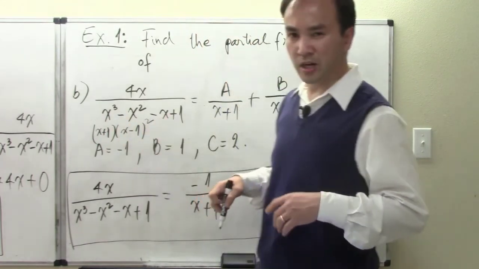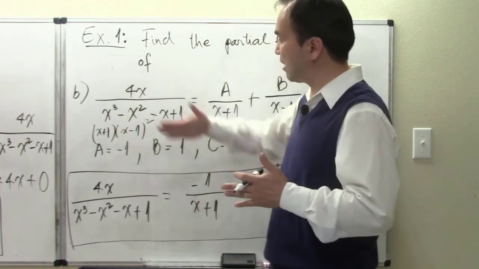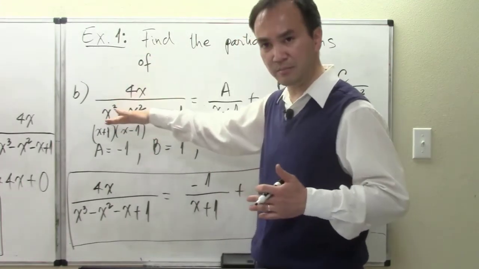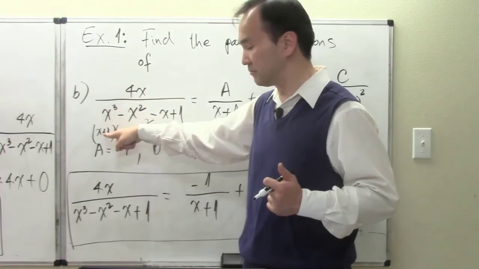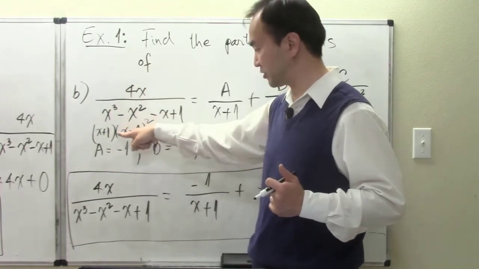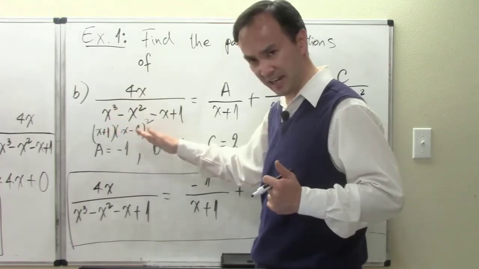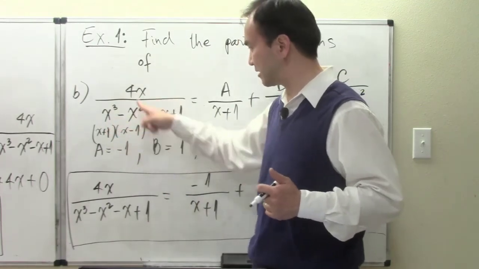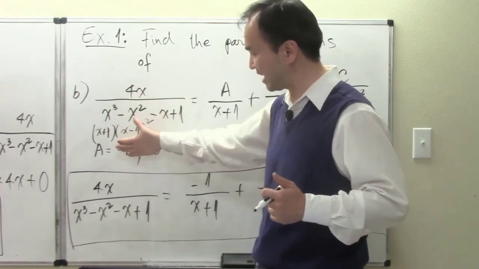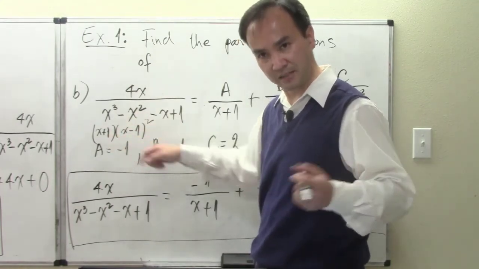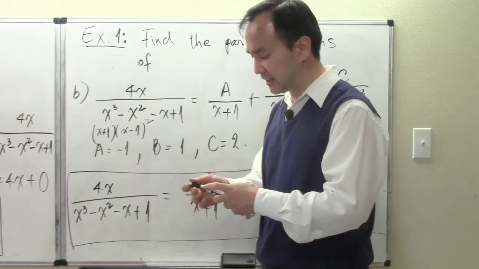So the whole example 1 was about fractions where the denominator can be factored into all linear factors. And in part B specifically, I pushed into the kind of problem where we had some repeated linear factors among the distinct linear factors.